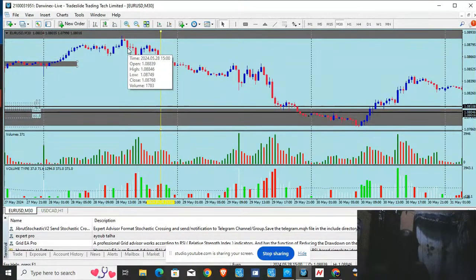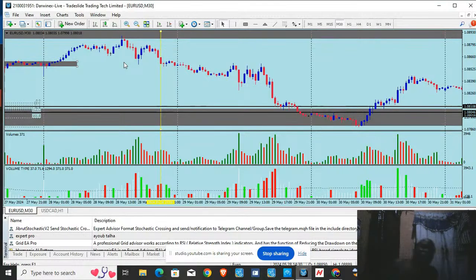Okay, 89 plus 2, which is 91. 91 minus our entry, 1.0876. So 91, okay, you have minus 10 is 81. This is about 15 pips or 16. That will be our stop loss.